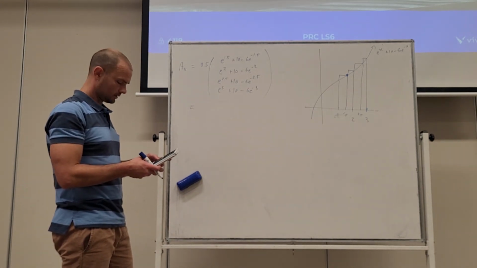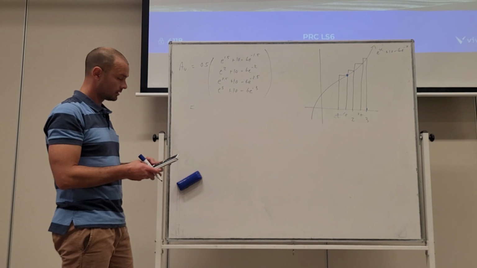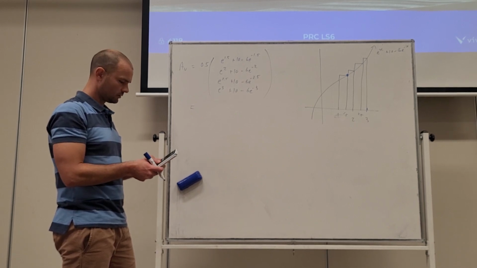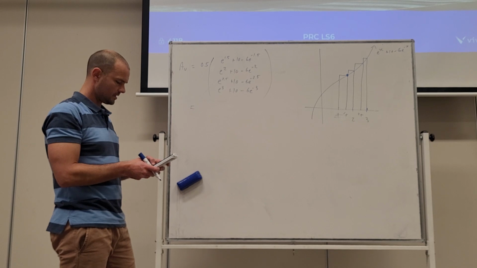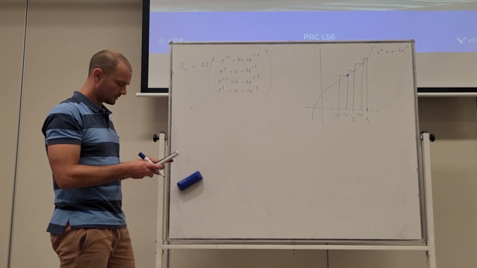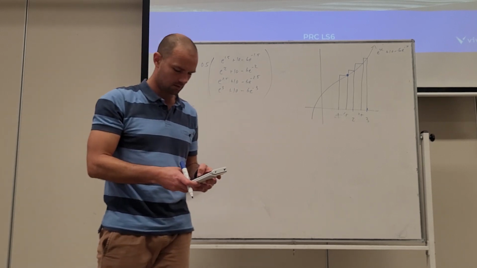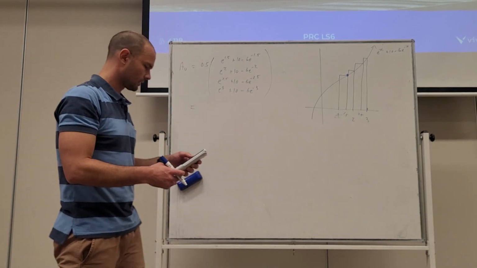I'll work it out, guys. Take 6e to the minus 1.5, take 6e to the minus 2, take 6e to the minus 2.5, take 6e to the minus 3.